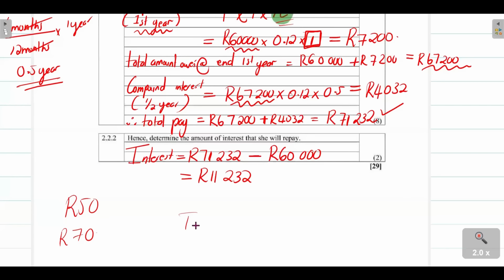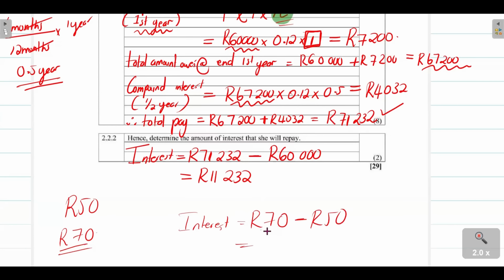If I'm talking about the interest, I'm asking what is that additional amount that Latoya paid on top of the initial amount that I lent her? So to get the interest, it's always just the final amount that you would pay minus the principal amount.